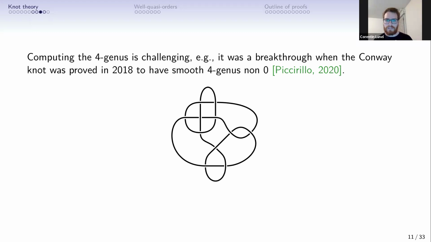However, the question of its smooth four genus has been open until 2020, when Piccirillo showed, using some knot invariant, that the four genus is non-zero. And it was really a breakthrough. So four genus is quite complex.